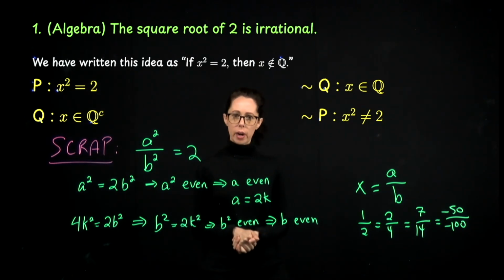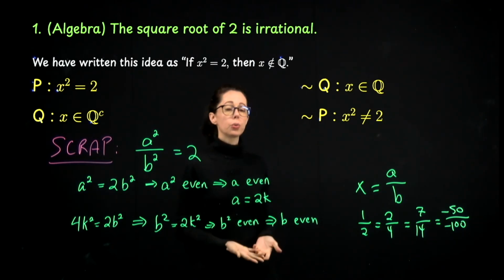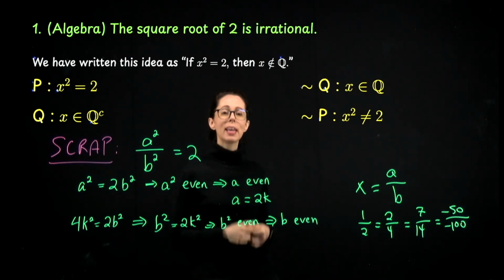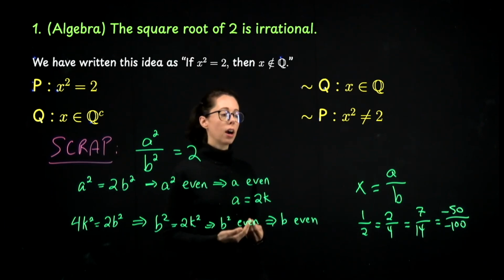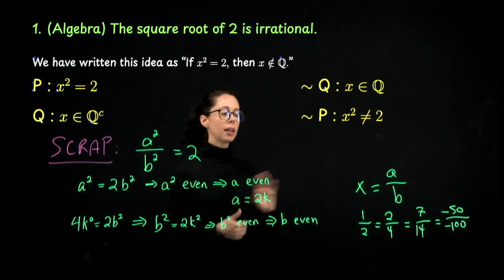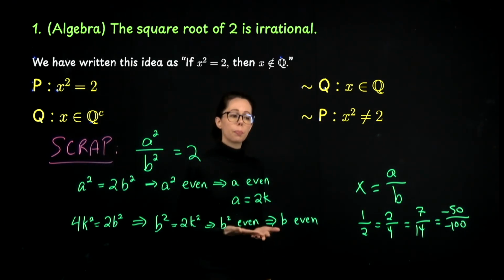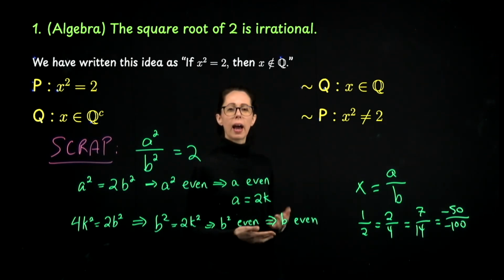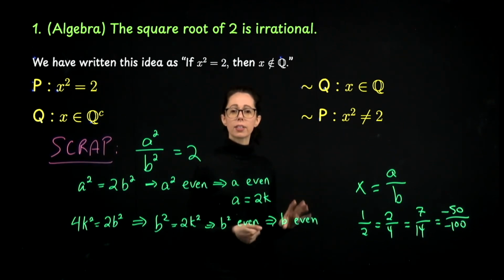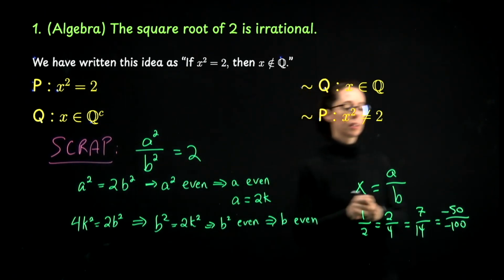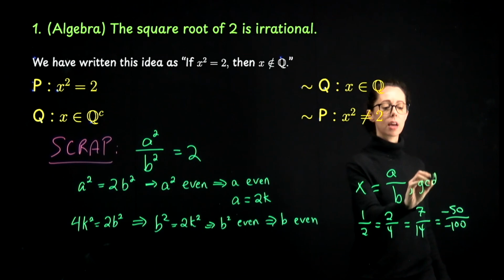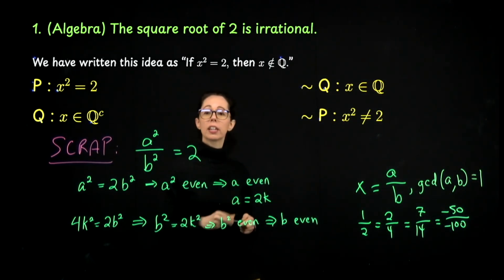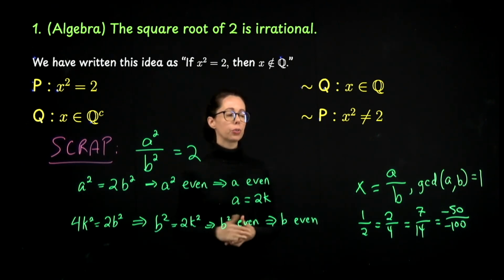What we will need to do in our proof is introduce x. So we'll say, suppose that x is a rational number whose square is 2. Since x is rational, there are integers a and b, b non-zero, so that x equals a over b, and it's not the case that both of them are even. I don't think I'm going to use the language of greatest common divisor, but you could say the GCD, greatest common divisor, of the numerator and denominator is 1, so that it can't be reduced further.